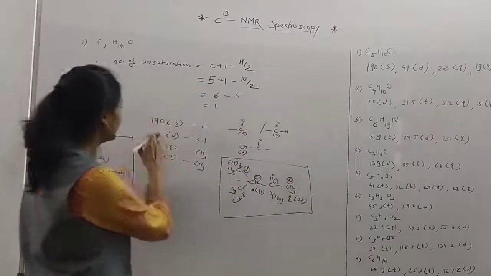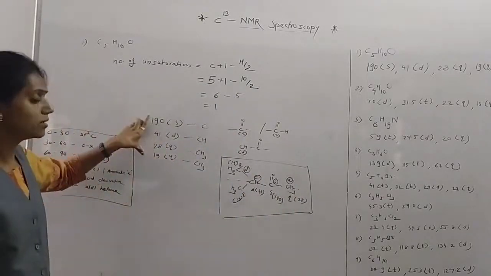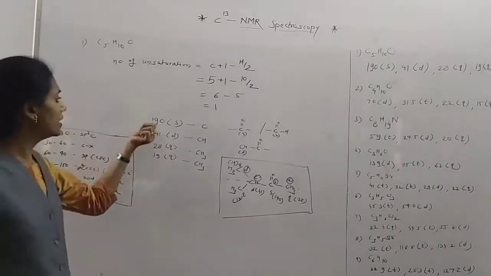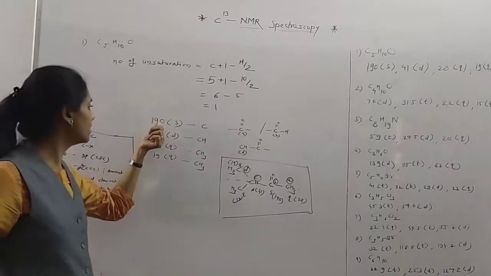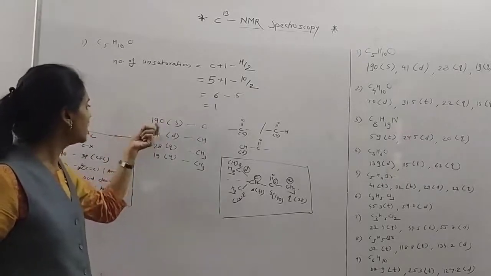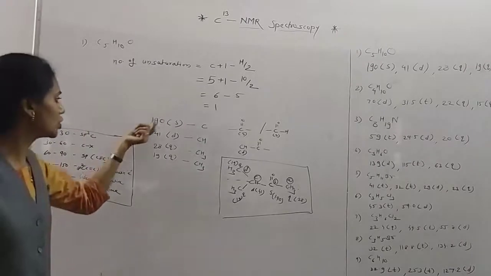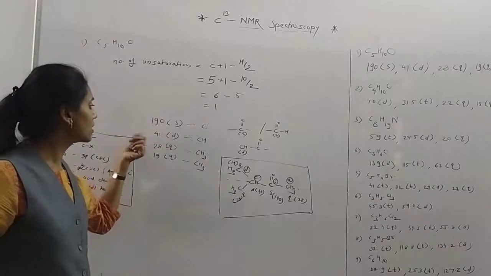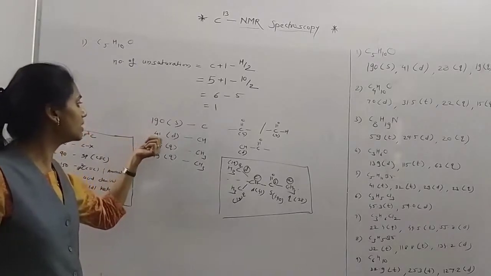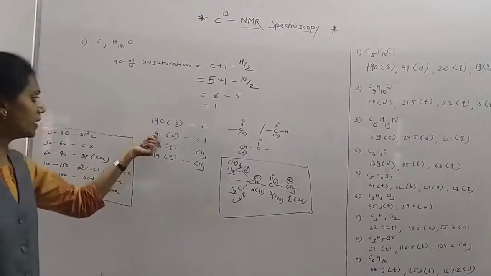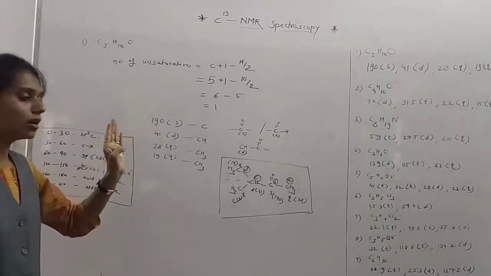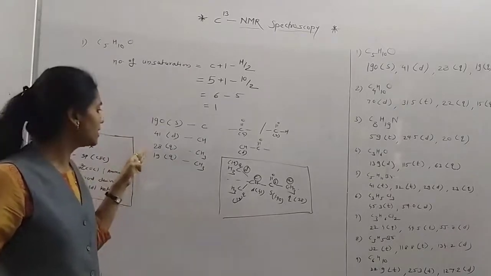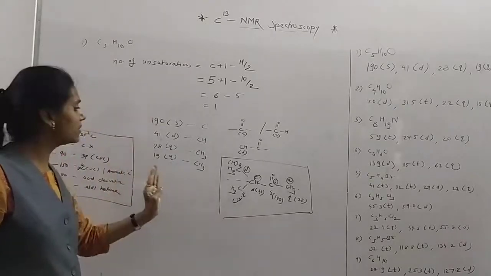That means 4 signals, and here we are given 4 signals. Next, its value or position: it's 190, which is the region of aldehyde and ketone functional groups. The CH doublet is an sp3 hybridized carbon atom, but it is near an electron withdrawing group, so it goes upward. These 2 signals are for sp3 hybridized carbon atoms since they are between 0 to 30.